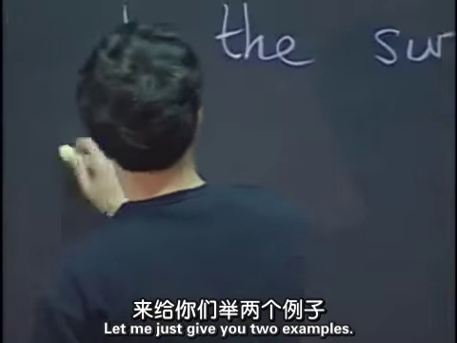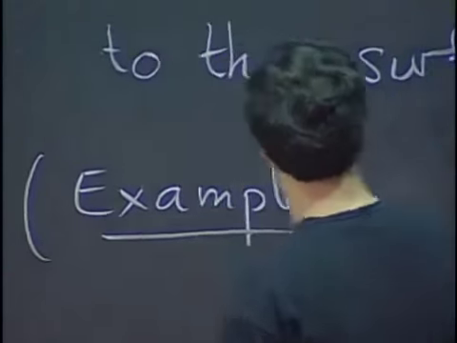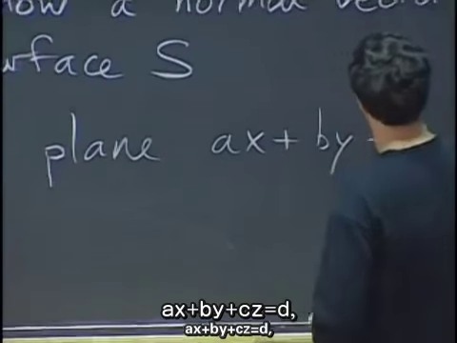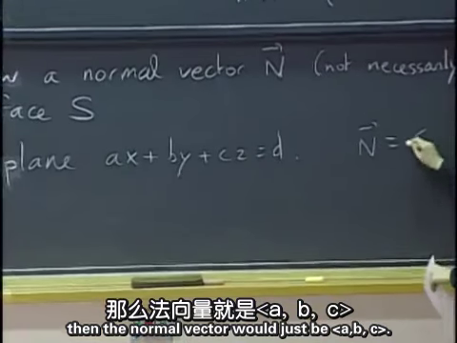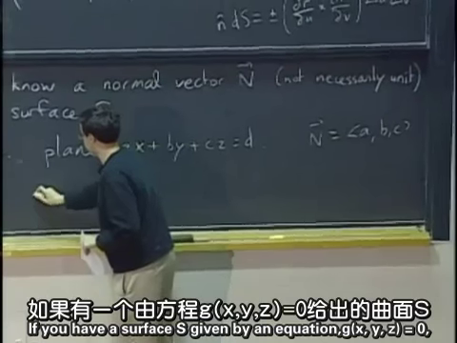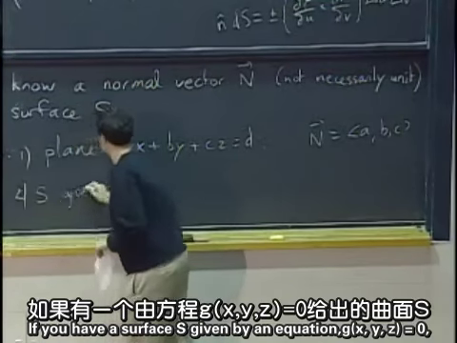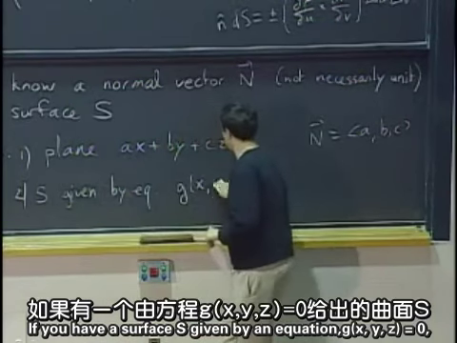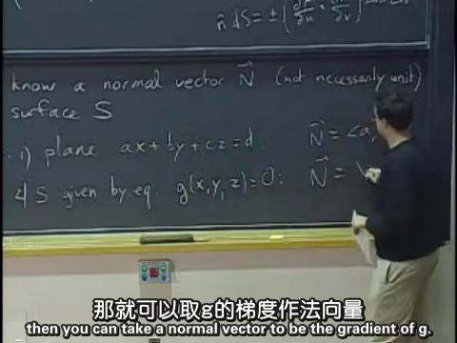Okay, so let me just give you two examples. If you have a plane, ax plus by plus cz equals d, then the normal vector would just be abc. If you have a surface S given by an equation g of xyz equals 0, then you can take the normal vector to be the gradient of g.